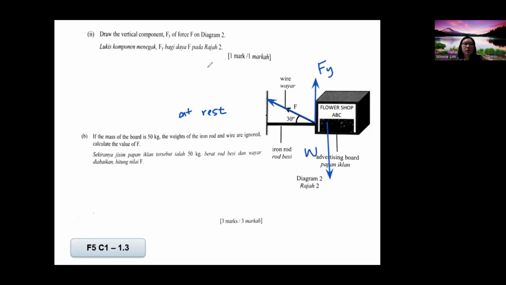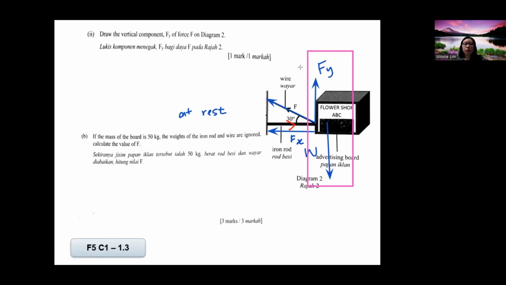And if you notice just now when teacher resolved this Fx, now this iron rod actually is having another force which is in this direction. So for your general concept understanding, what is the relationship of all these forces? If you look at the vertical component, the concept is Fy should be equal to the weight of the advertising board.